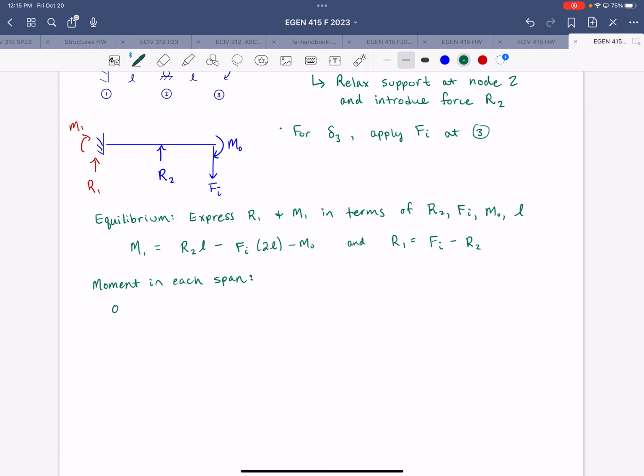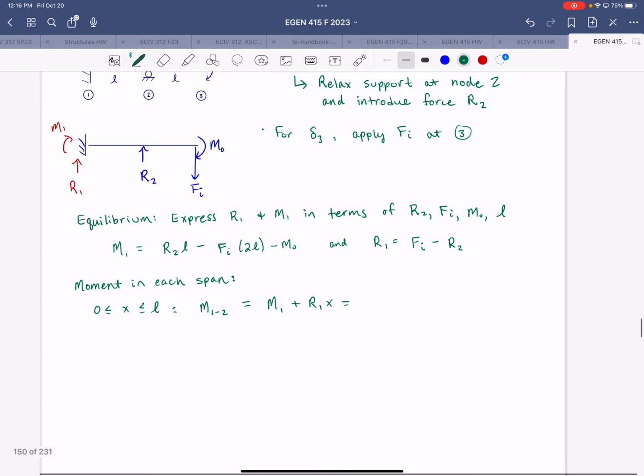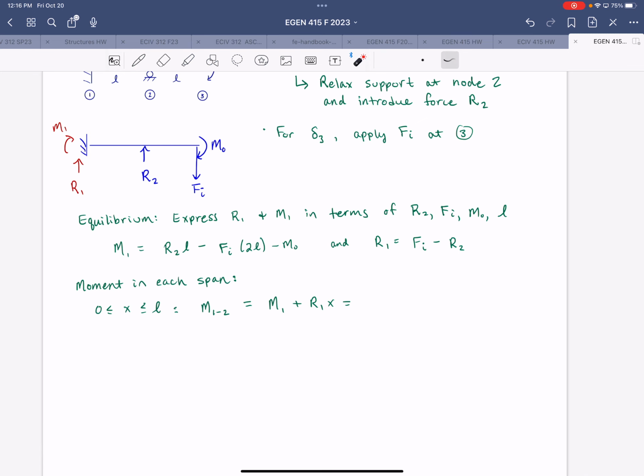So in the first span, x between 0 and L, we'll call that region 1, 2. So the moment in element 1, 2 is equal to the end moment, M1, plus R1x. And substituting in these expressions for M1 and R1, we'll have our moment expressed in terms of all the, quote, applied forces that we're considering.